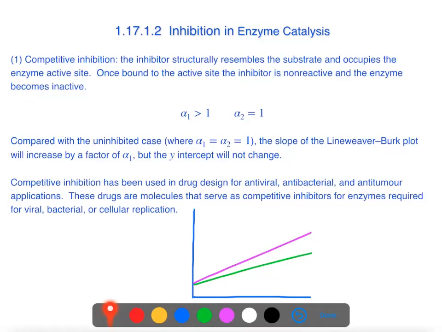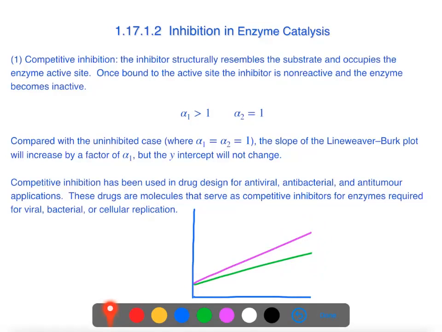This type of inhibition is shown in the diagram below, where the green line represents the uninhibited reaction, the reaction that takes place without the presence of an inhibitor, and the magenta line represents the reaction in the presence of the inhibitor. So you can see from our Lineweaver-Burk plot that there's a difference in the slope between these two lines, but their y-intercepts are equivalent.